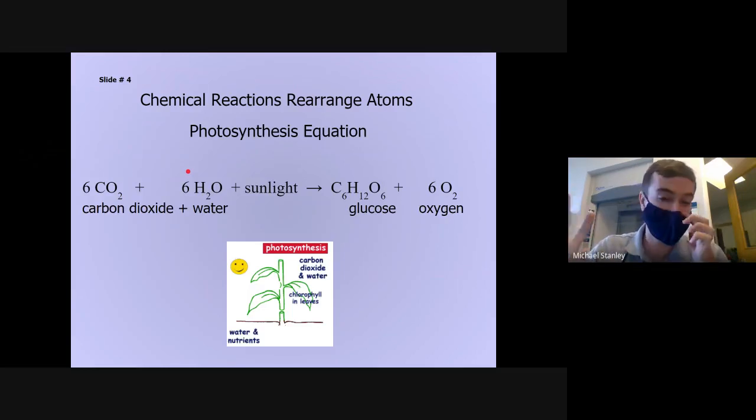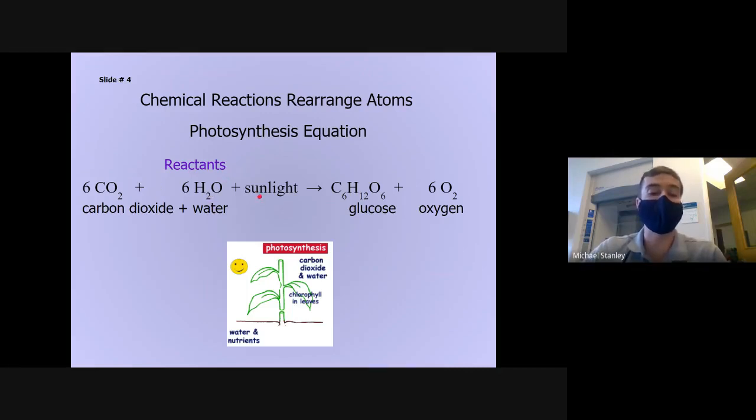So it's a big, somewhat complicated equation, but I'll walk you through it piece by piece. So over here on the reactant side, we have CO2, which is carbon dioxide, and H2O, which is water. So carbon dioxide and water are our reactants, our starting material over here on the left.